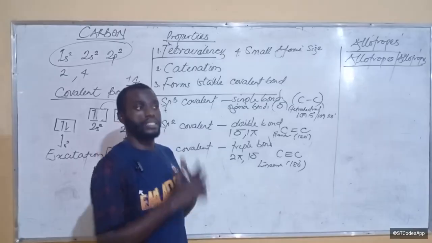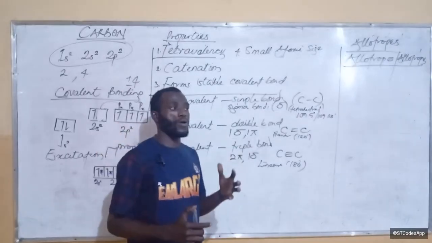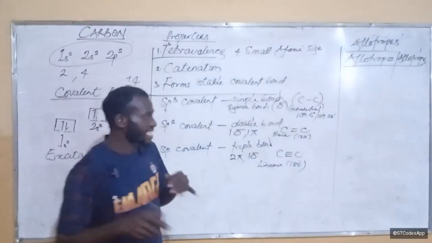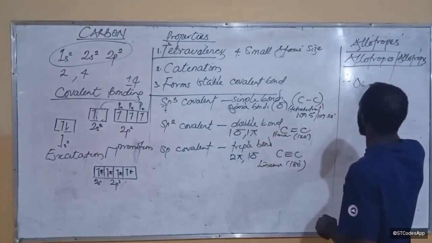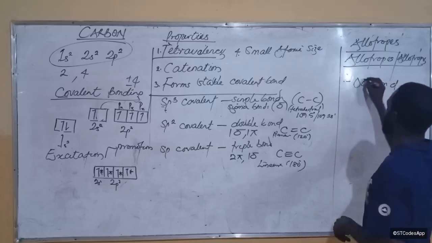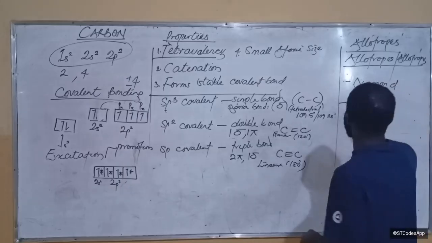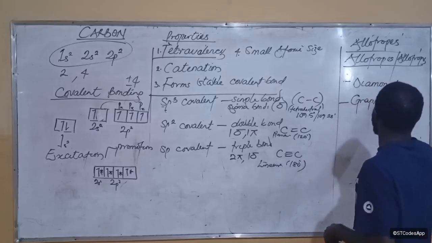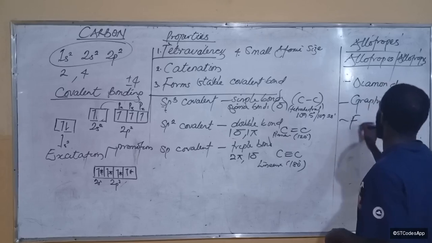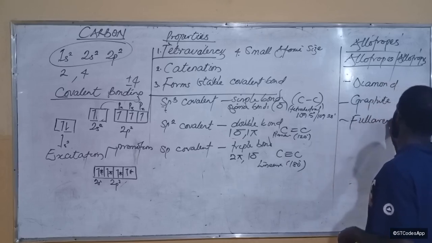So carbon is carbon, but in physical states we see it exists as diamond, we see it exists as graphite, and we see it exists as fullerenes.